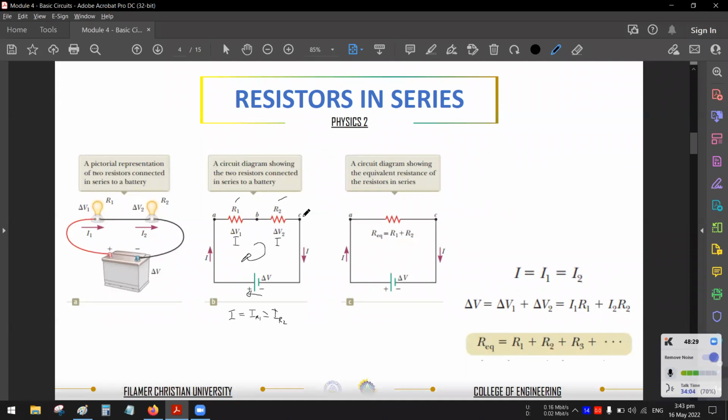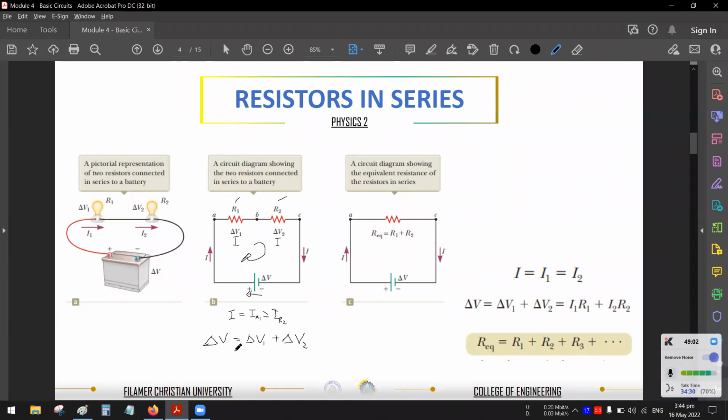So the change in voltage, if we have a specific voltage here, is just equal to the change in voltage sub 1 plus the change in voltage sub 2.